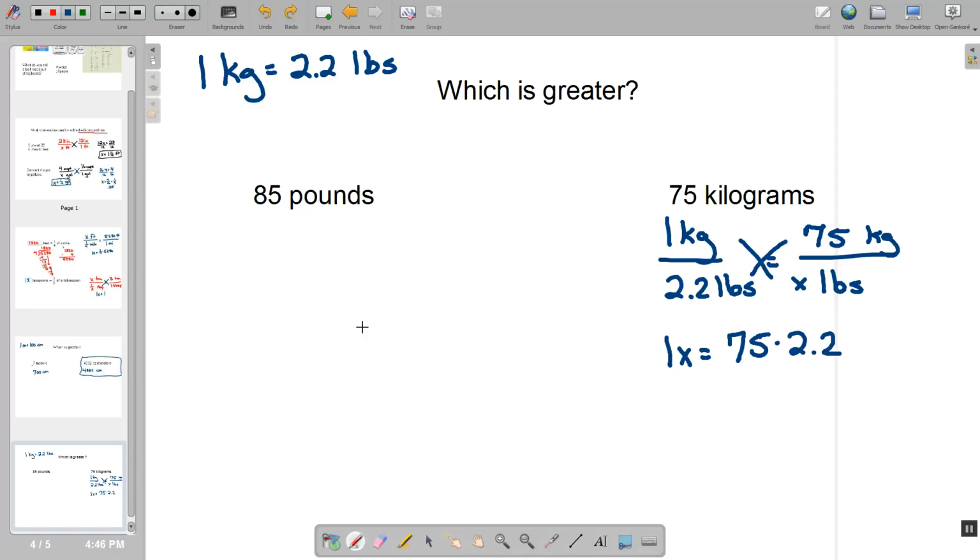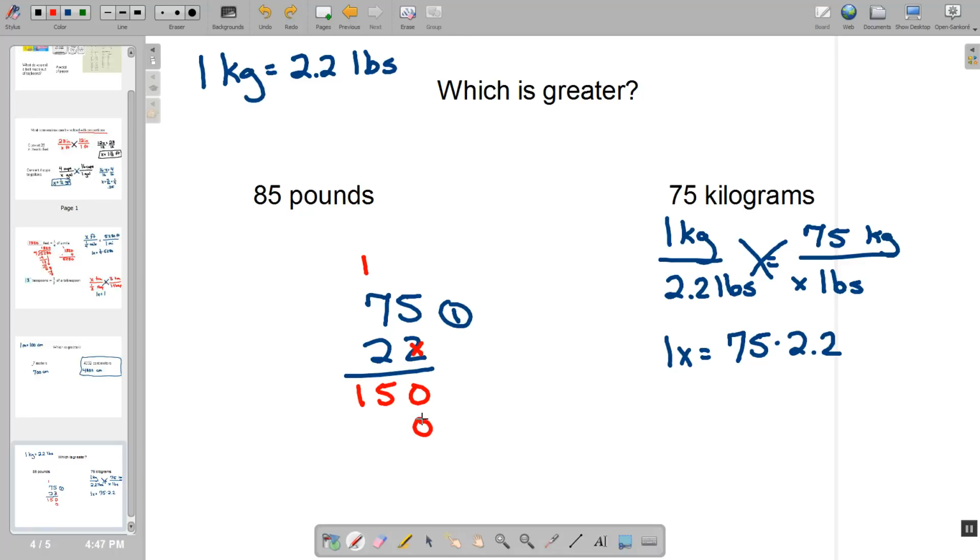So now to get my answer over here, I'm going to do 75 times 22. And remember that there's 1 digit behind the decimal place when I'm done. 2 times 5 is 10. 14 plus 1 is 15.